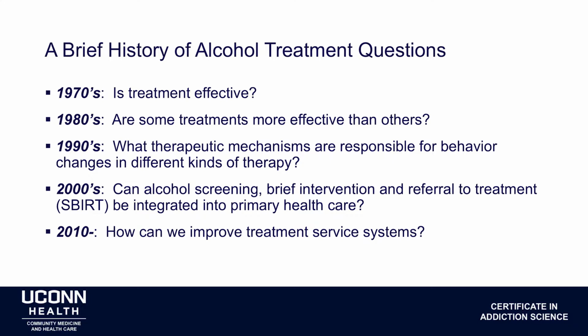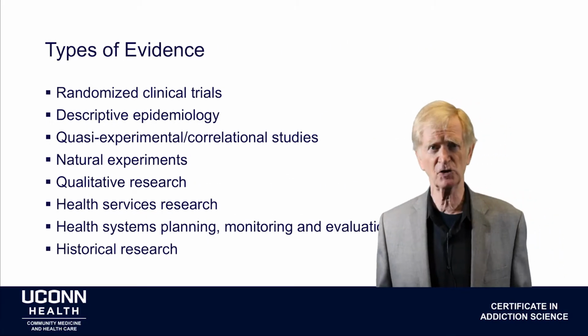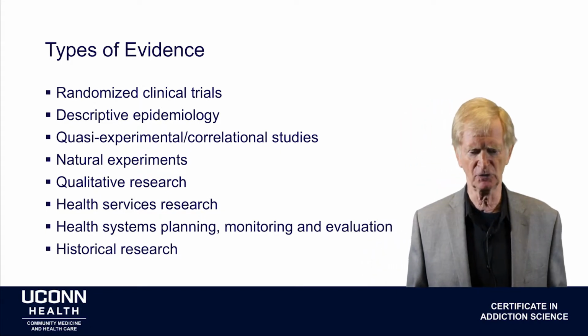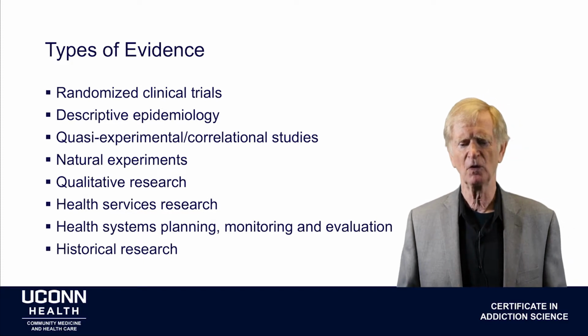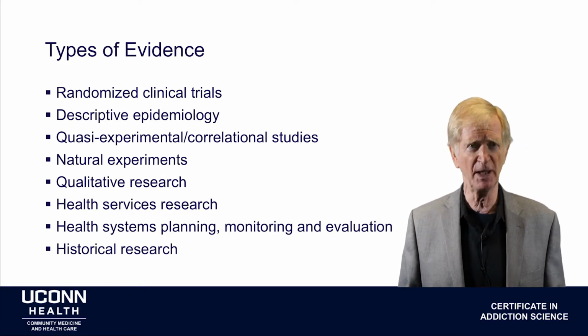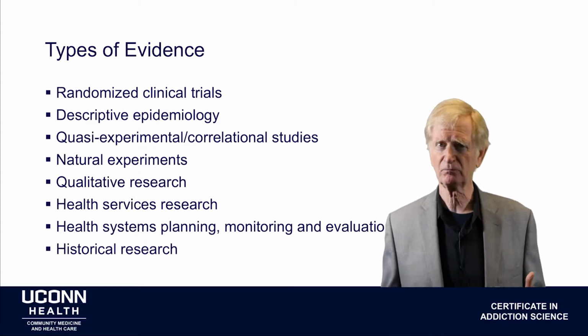In order to do this, we're going to be looking at different types of evidence. And the scientific method provides us with tools, not just for randomized clinical trials, which is considered the gold standard, but many other ways of collecting information about how treatment works and for whom.